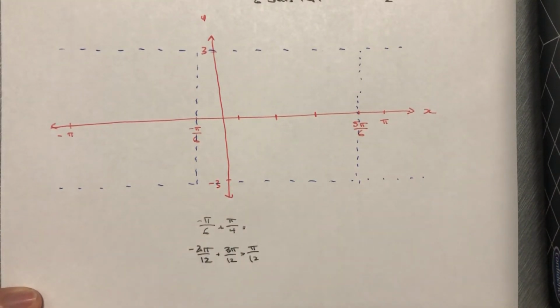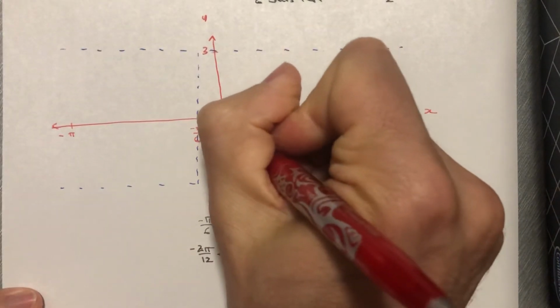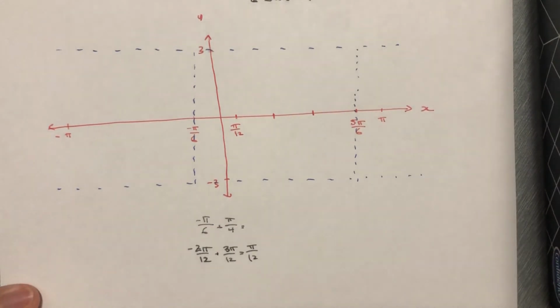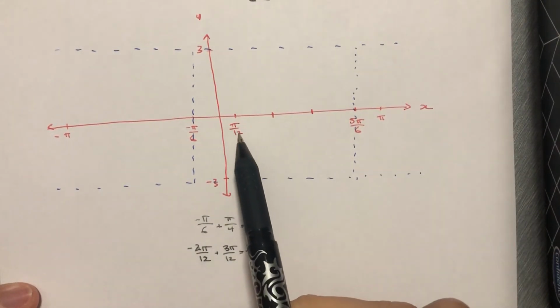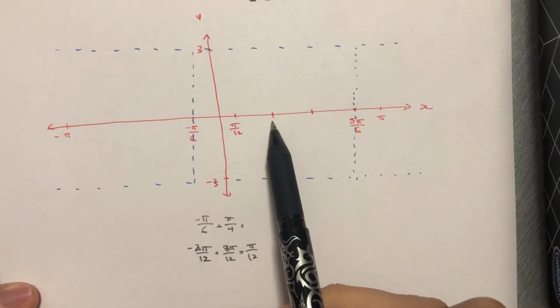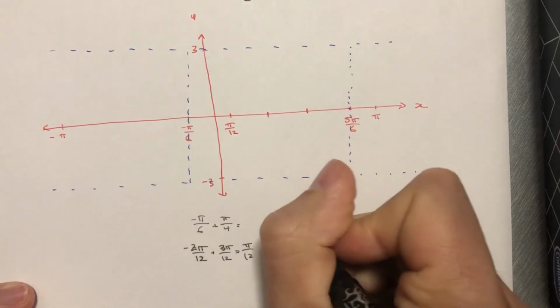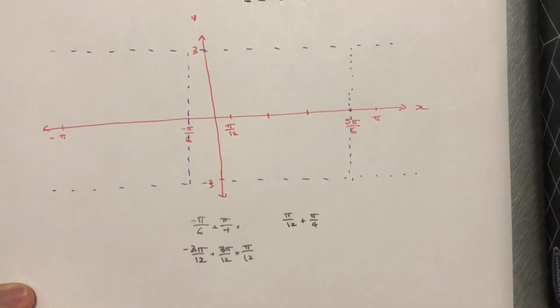I'll label it. There you go. Now, if we know that part's pi on 12, and that's a quarter of pi along, we can work out what this spot is. So if we go pi on 12 plus pi on 4, we use the same method to work out what that point is.